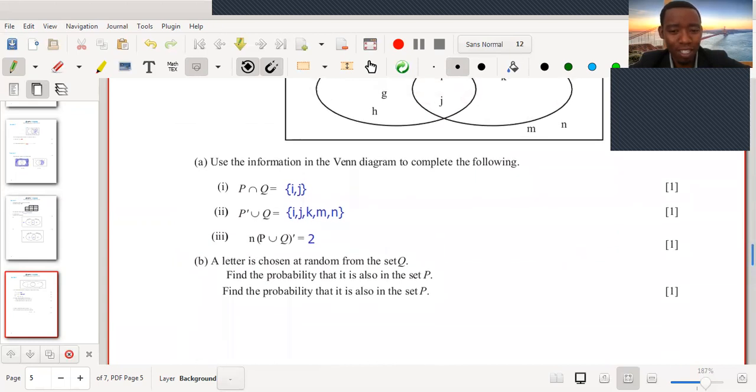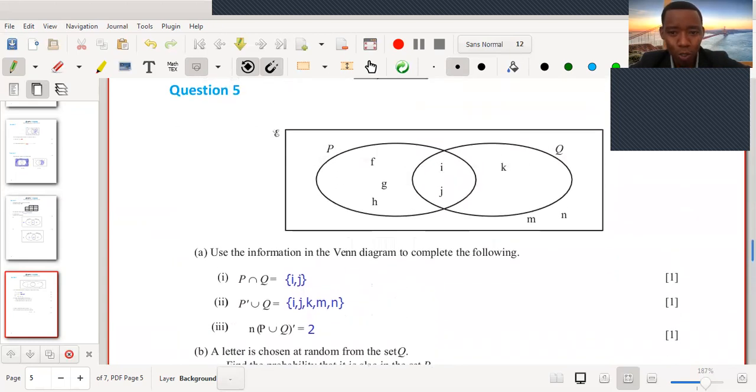We go to the set P and set Q. Q is right here. This is our Q. In Q, we have I, J, and K. And they said find the probability that it is also in set P.